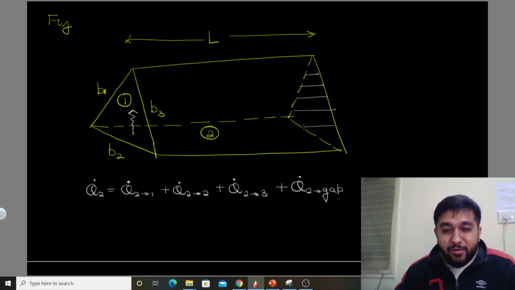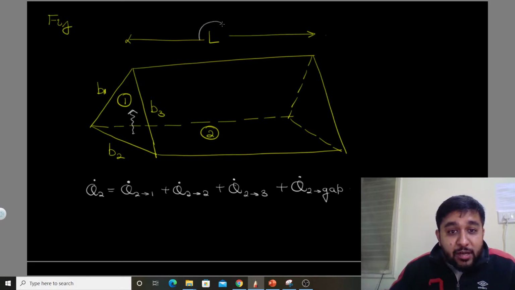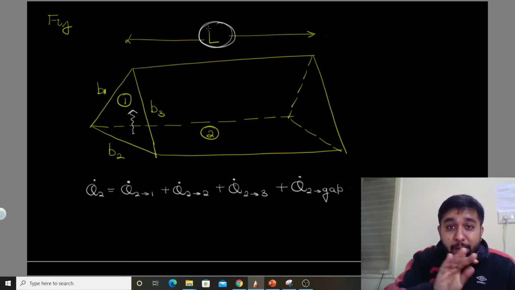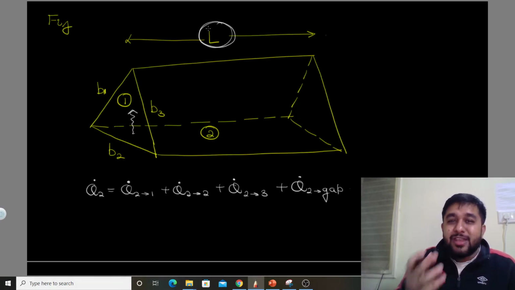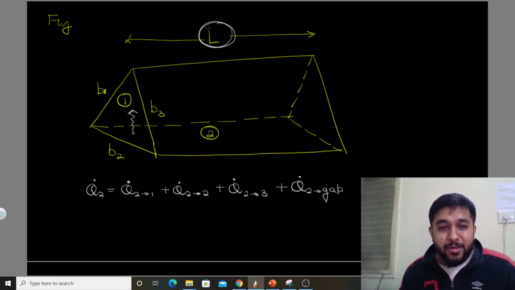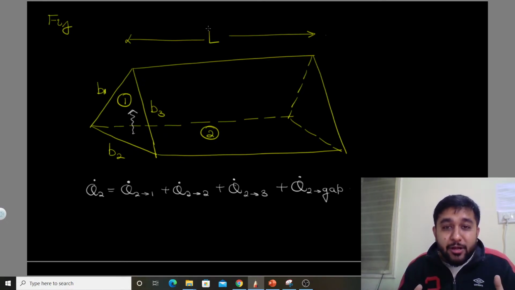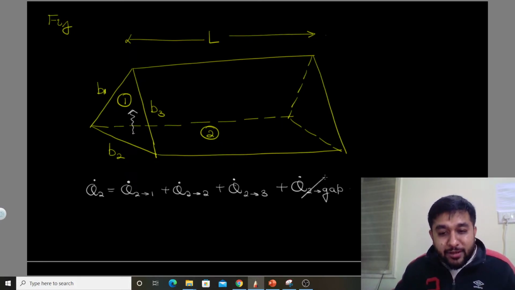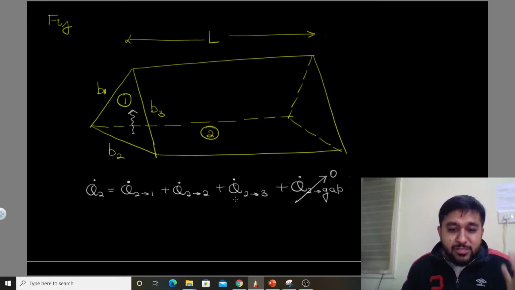So energy can go out from these gaps. But the length of the system perpendicular to the gaps is infinitely long. So whenever the length perpendicular to the gap is infinitely long, the gap can be neglected. The energy going out of the gap can be neglected. I think we have had this discussion a lot of times.